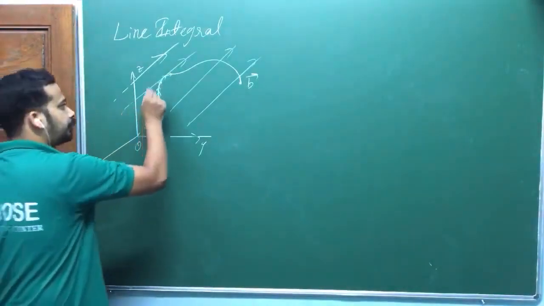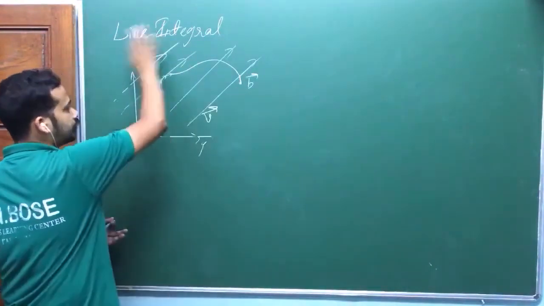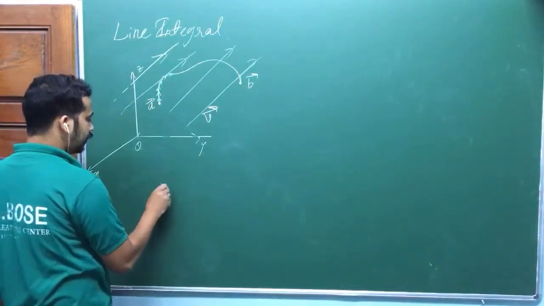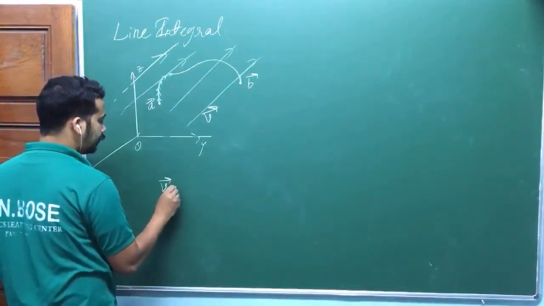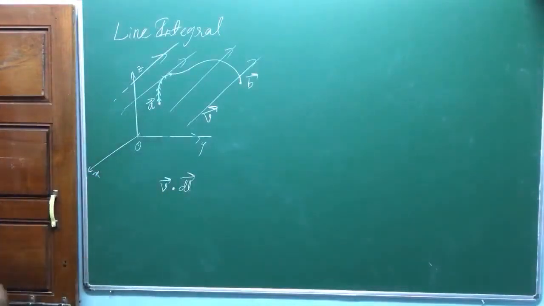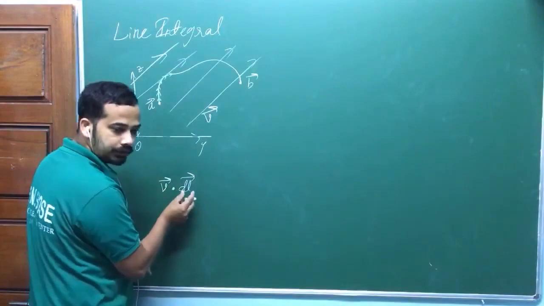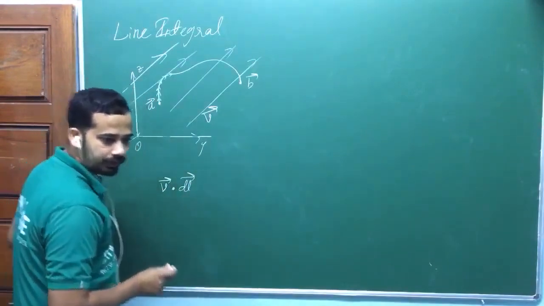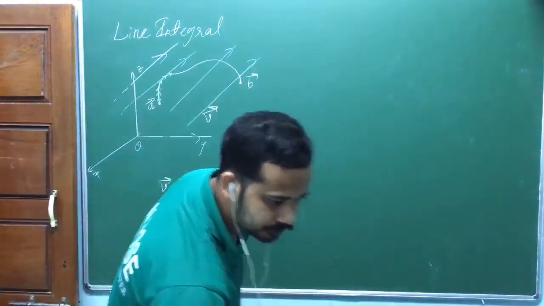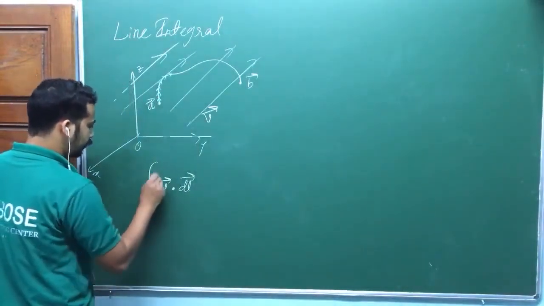At each and every point on this path, this is a vector field V, throughout the space. So at each point on that path, we take V dot dl vector, the dot product of the vector field at that point with the infinitesimal displacement vector. We take that product, then we integrate and write that from A to B.